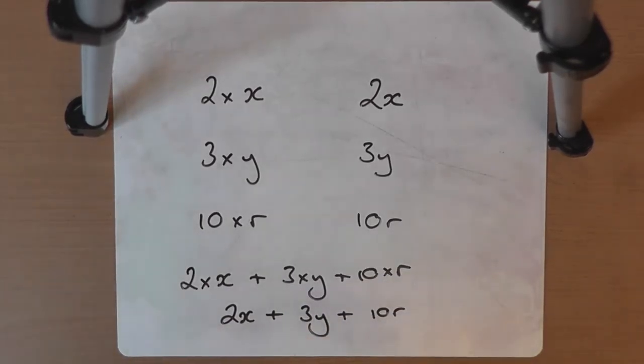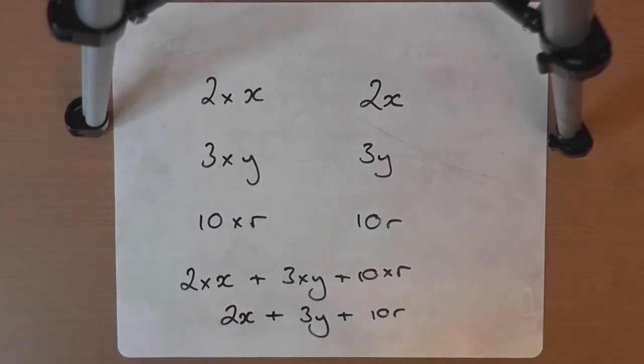Which, yes, I admit, still looks a little bit messy because it's a lot of letters and numbers, but it is slightly easier to understand. It's certainly easier to read that this is 2 lots of x and 3 lots of y and 10 lots of r, and then those things added together, because we haven't got all these times signs in there that don't actually matter.